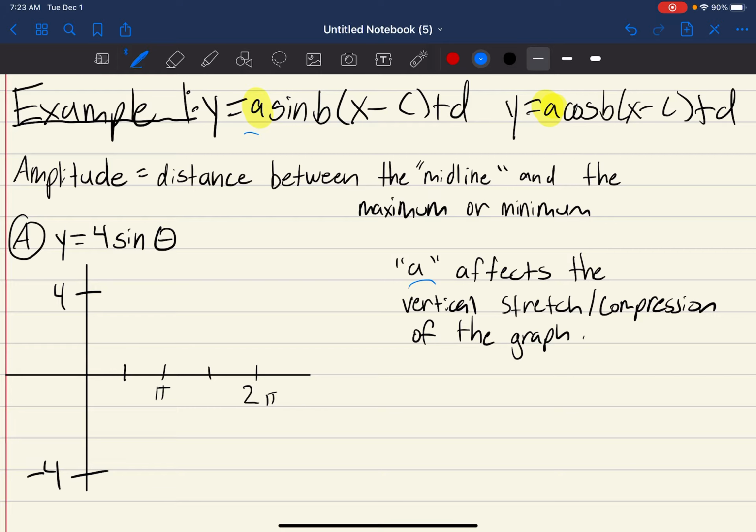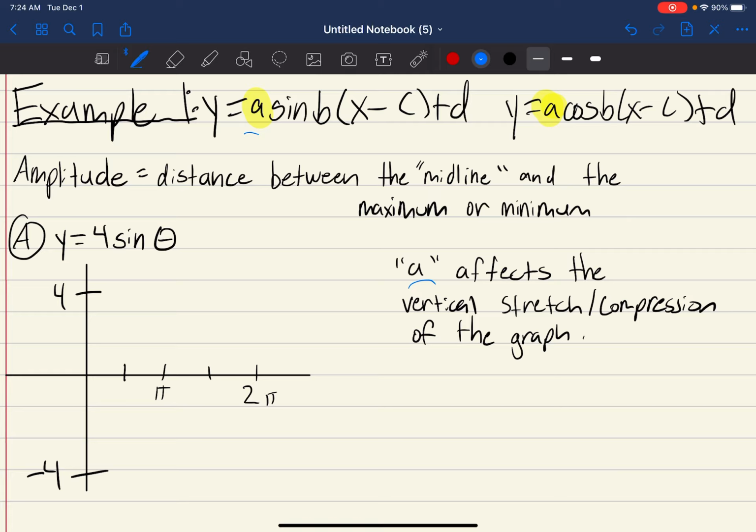If the number is bigger than 1, for example 3 or 4, then it would vertically stretch. And if the number is between 0 and 1, then the amplitude will compress. Amplitude will always be a positive number. Even if that 4 is negative, you'll still say the amplitude is 4.